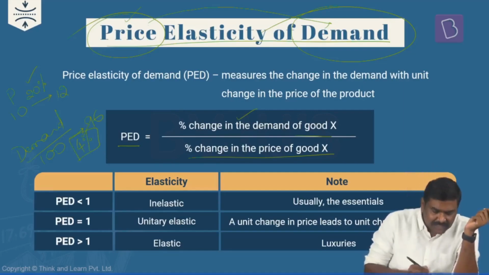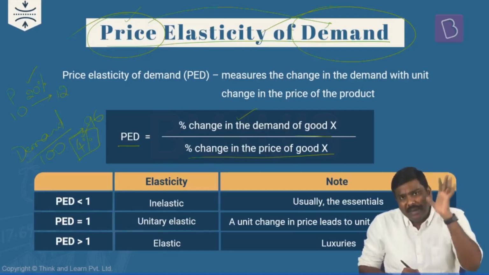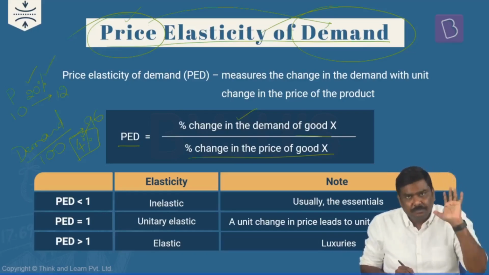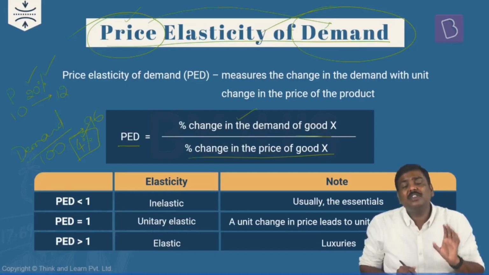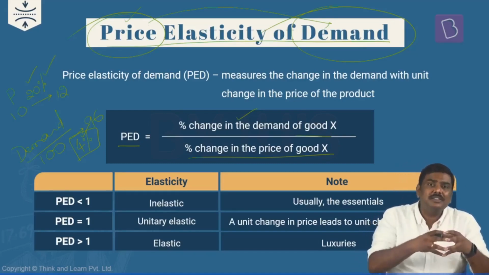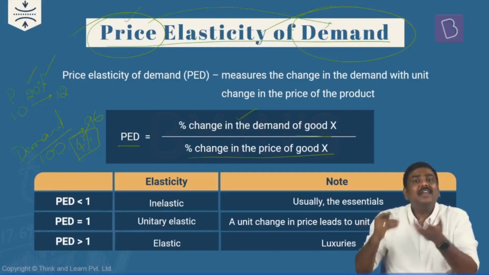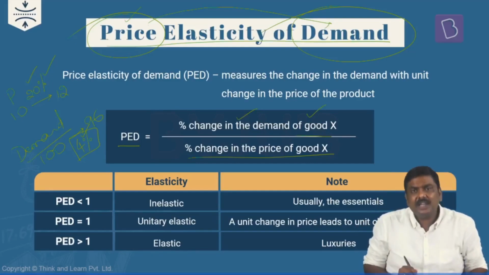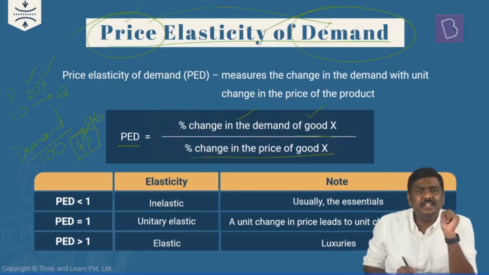So here is the percentage change in the quantity being demanded, and here is the percentage change in the price of the product. Substitute both of them. Based on the outcome, you will decide whether the product is inelastic, elastic, etc. In the numerator, how much is the percentage change in the demand?